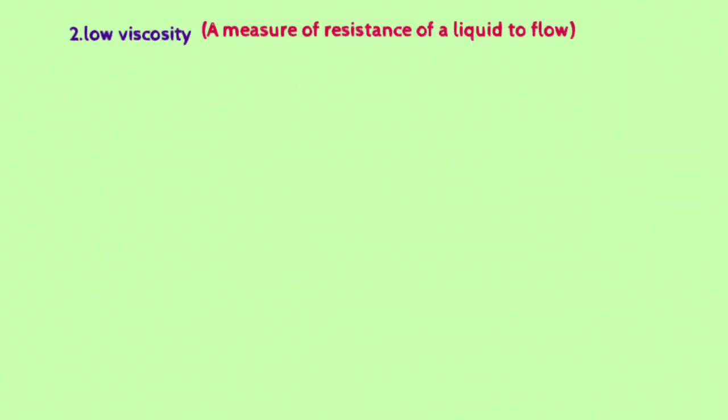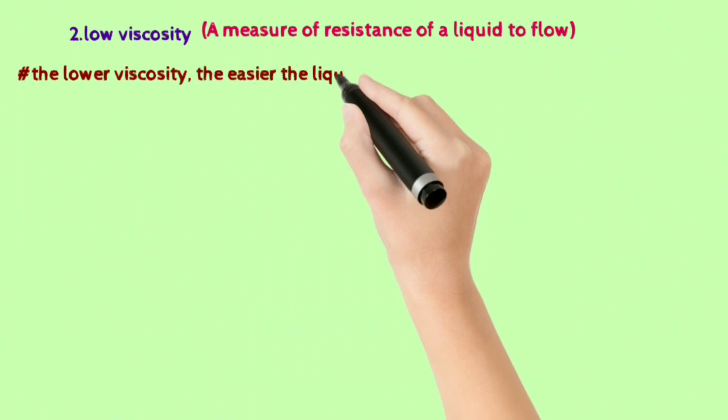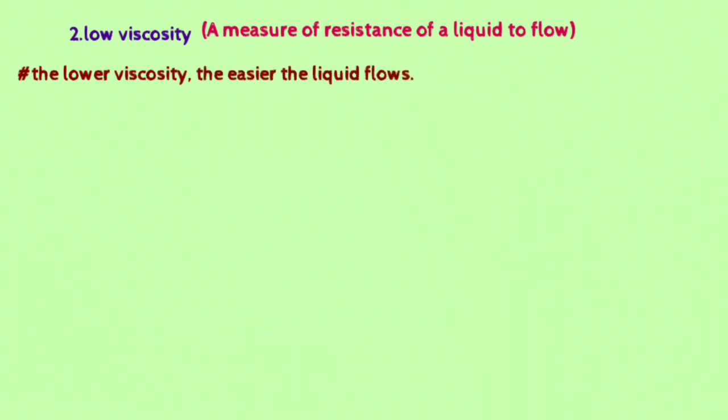The second property is low viscosity. Viscosity is a measure of the resistance of a liquid to flow. The lower the viscosity, the easier the liquid flows.